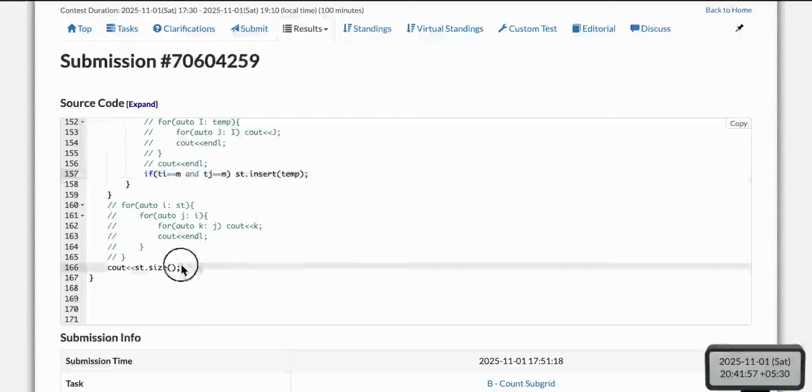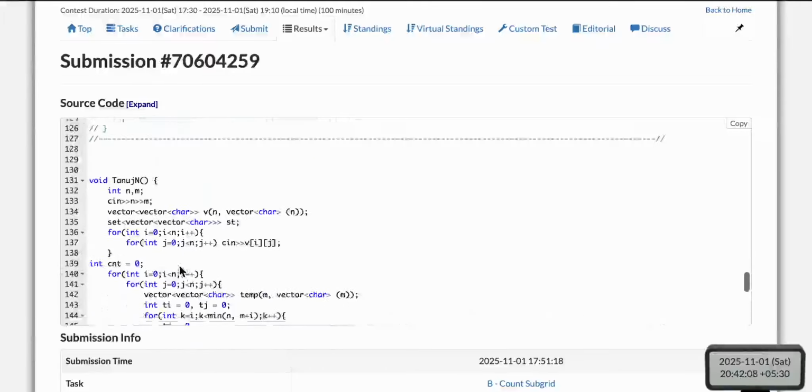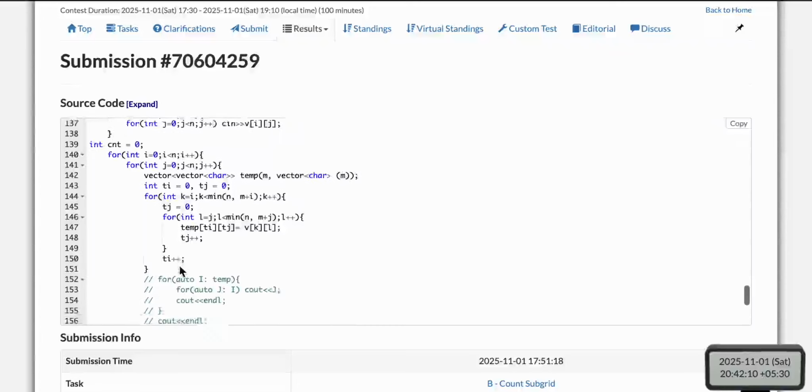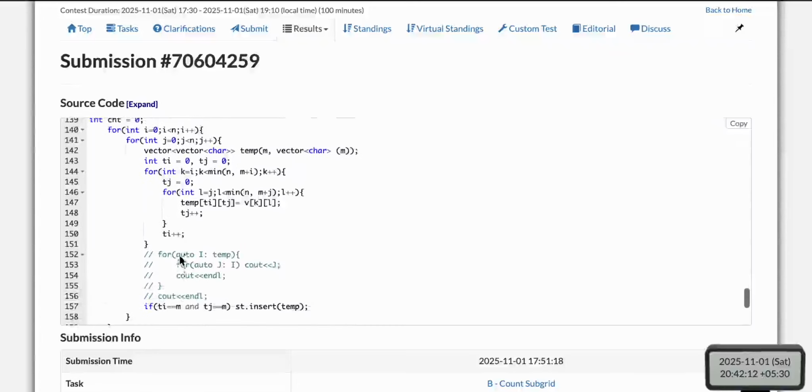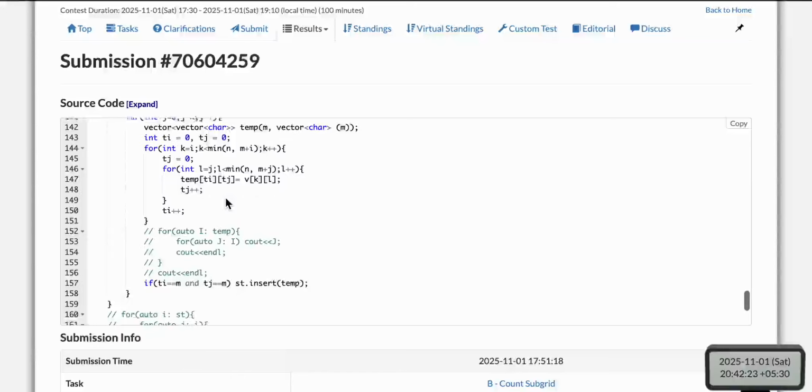At last I'm returning the grid set size, that means the number of subgrids whose patterns are different. So this is the solution for this question. For the time complexity, we are taking n and m, so O of n square times m square will be the time complexity.